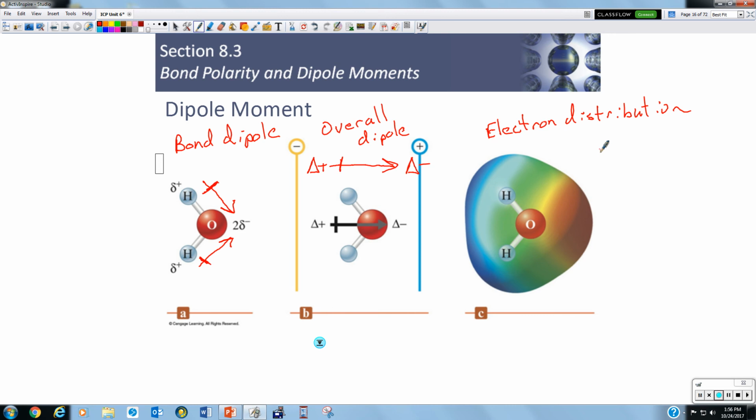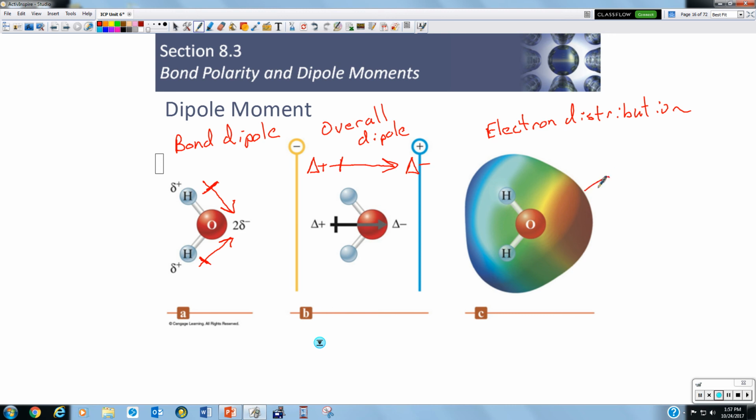Melissa, you had a question? Yeah, what if there's two negative? When we're talking about dipoles, it's always going to be a covalent bond, so it's always two nonmetals. So essentially from our oxidation state, we are looking at two negatives. But remember, they're sharing the electrons, not transferring. So what we're looking at is where the electrons are going to spend more of their time.